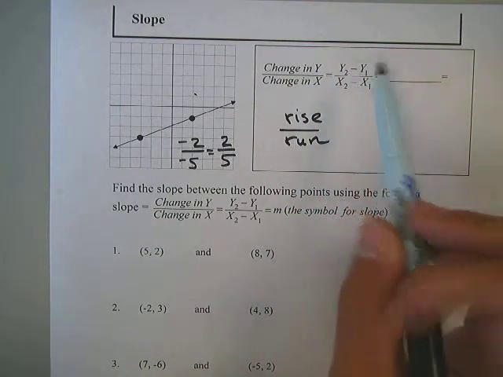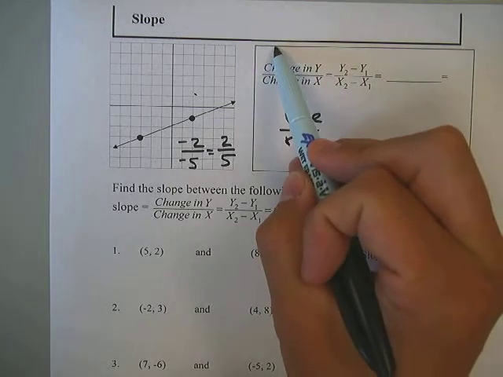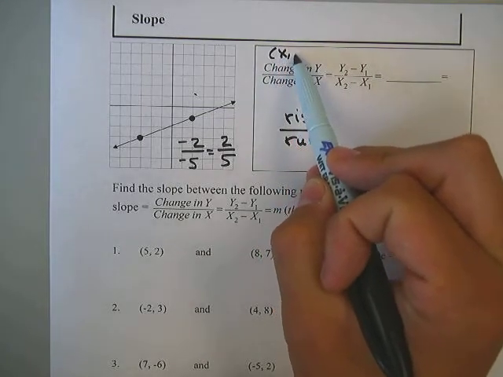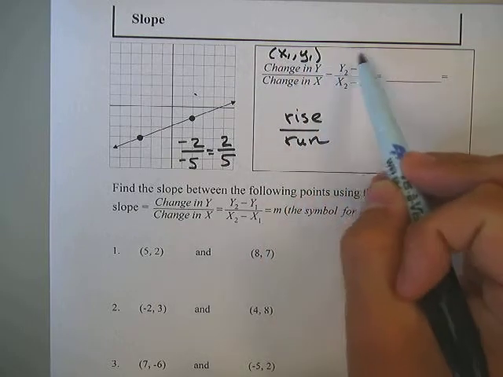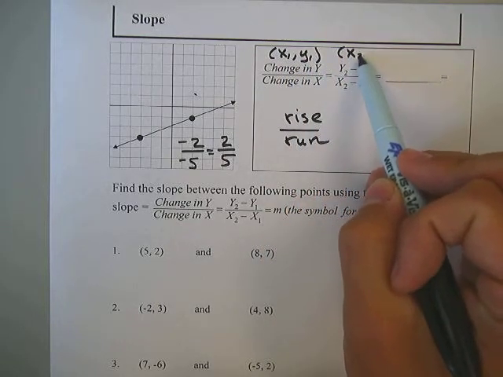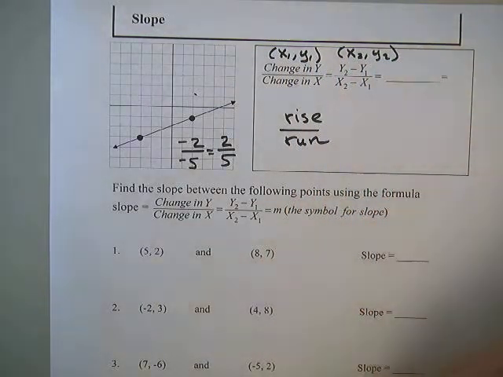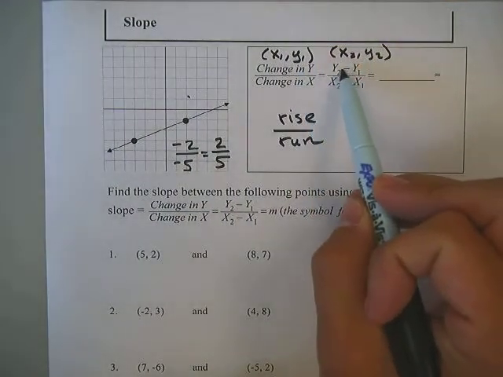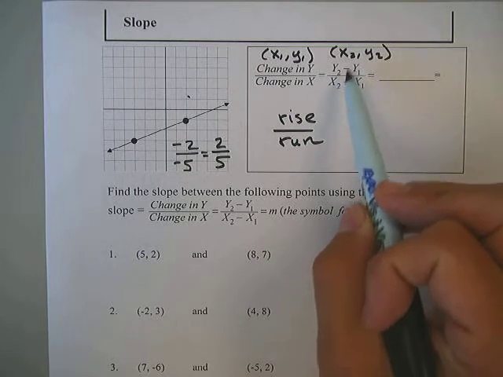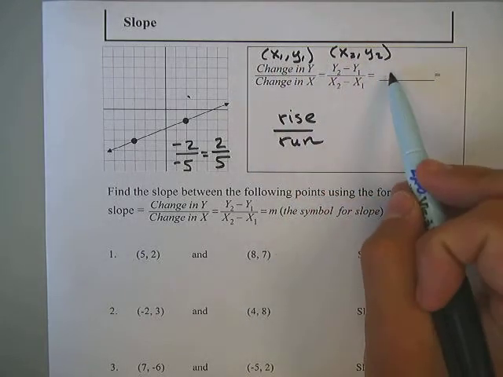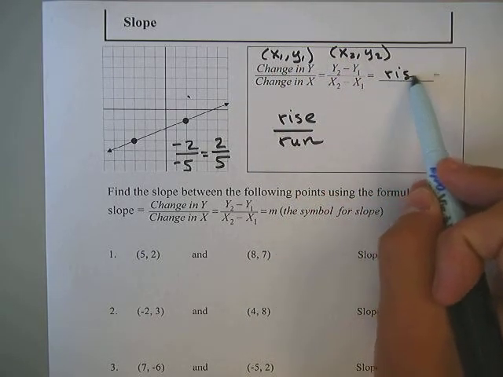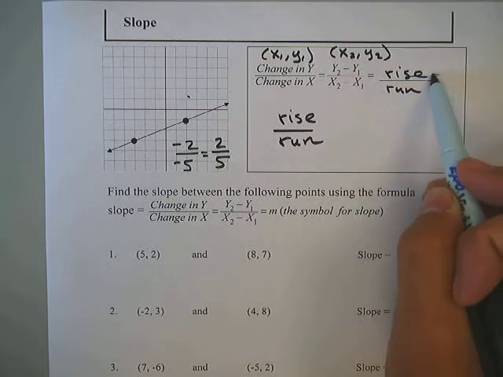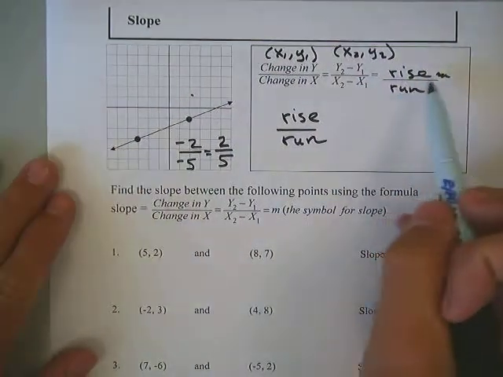The change in y. What we do is we take two coordinates. For instance, if I have this coordinate, we'll call it x1, y1, and then this one, x2, y2. And what you do is you simply subtract your y coordinates and divide that by subtracting your x coordinates, and that's how you get that whole rise over run.